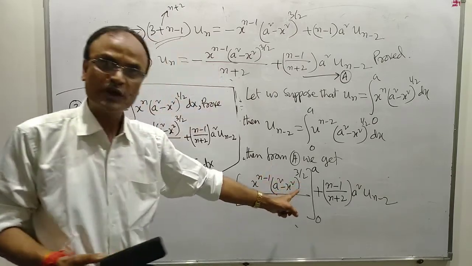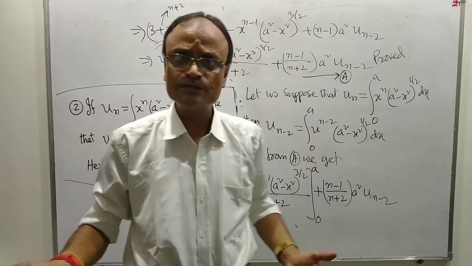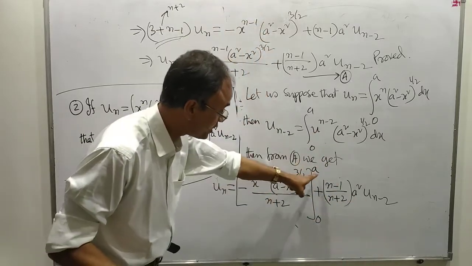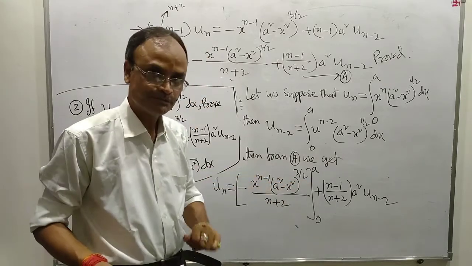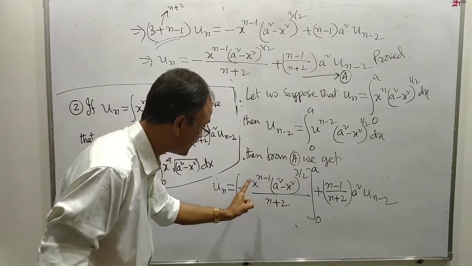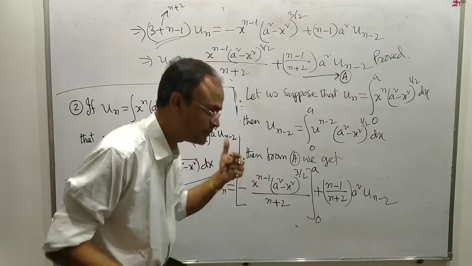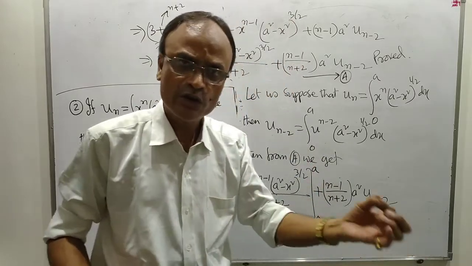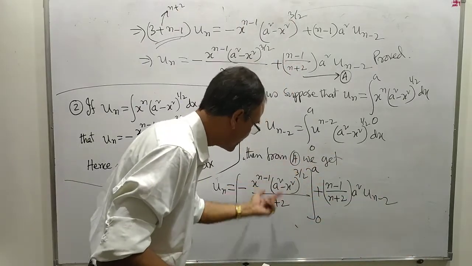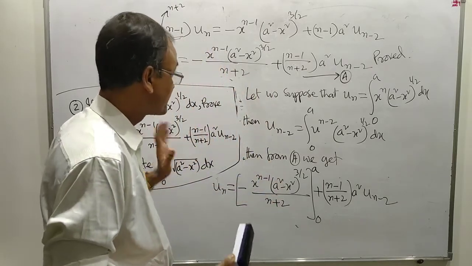If you put x equal to a here, a square minus a square will be equal to 0, so this term will vanish. If you put x equal to 0 here, this term again vanishes. Therefore, you will not get any contribution from this term. This term will vanish totally.